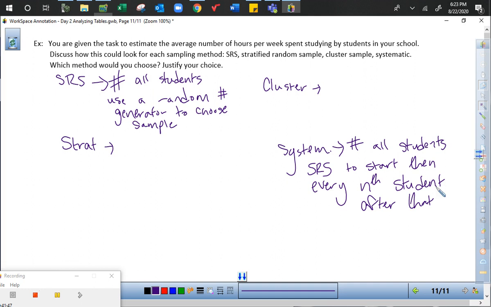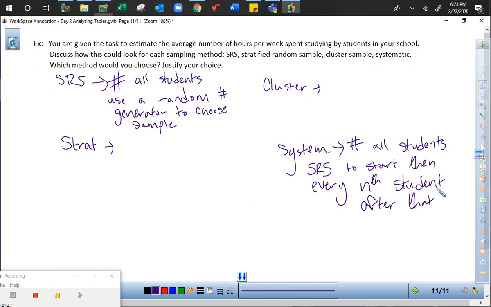So to kind of give you an idea of how this works, say we have 900 students and we want to choose 50. We take our 900 divided by 50 and that'll kind of give us an idea of how many we would choose for n there. Okay, that would tell us how often we choose a student.